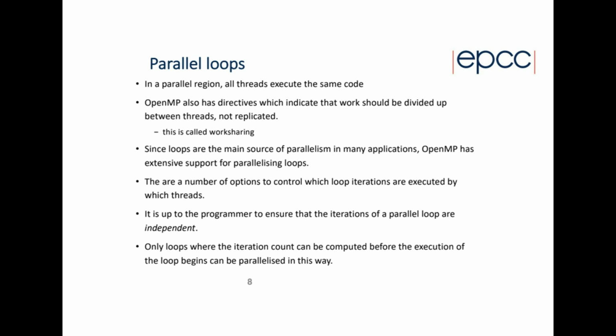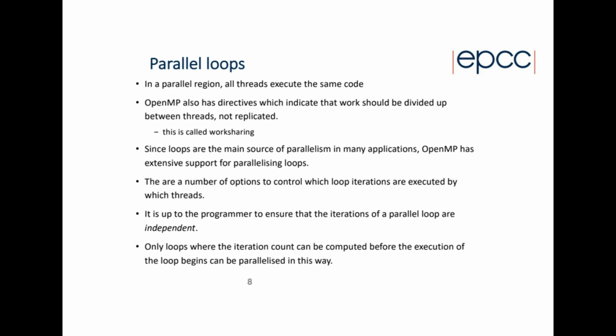Some compilers do have some, usually fairly modest, capability of automatically parallelizing loops. There are other tools which can do this for you, but OpenMP does not rely on any of that technology.